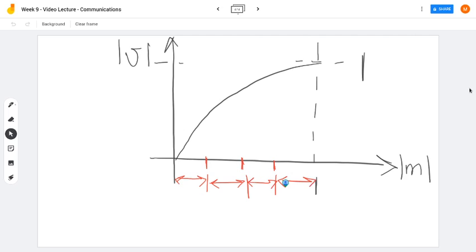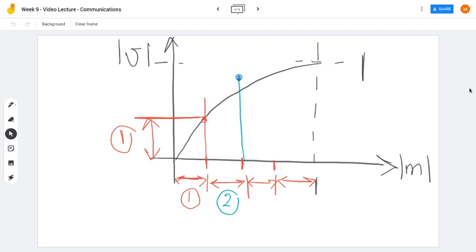So let's see how this compression law will affect these steps. The output in this case will have this kind of range corresponding to this range of the input. So I'll call this range number 1. As you can see, it has been translated into a wider range of amplitudes. And this second range over here will be translated into a smaller range of amplitude compared to range 1.